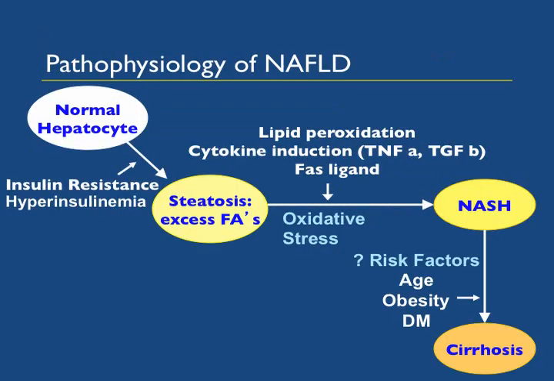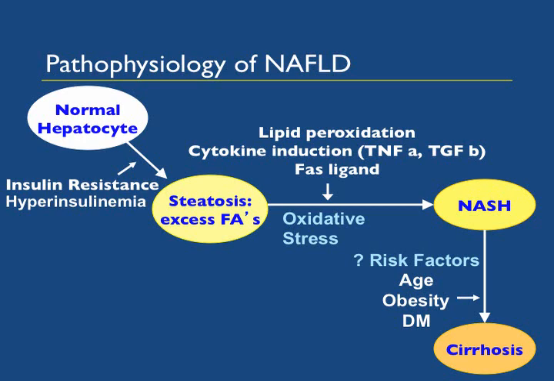This slide goes through the pathophysiology of NAFLD. One of the key components of NAFLD is the presence of insulin resistance, which drives the fat from the periphery into the liver. So you have a liver which is accumulating a lot of excess fatty acids.